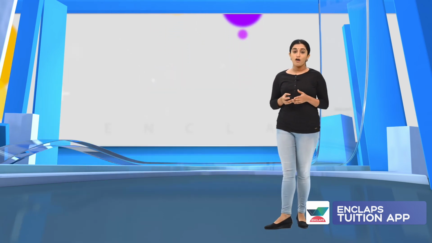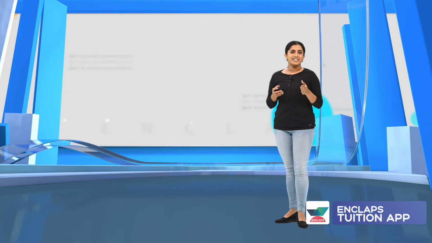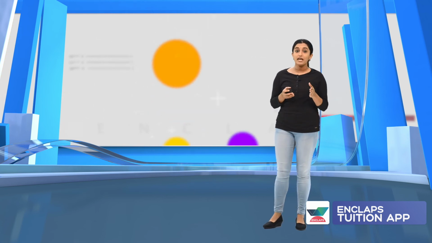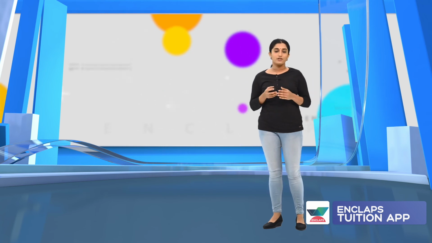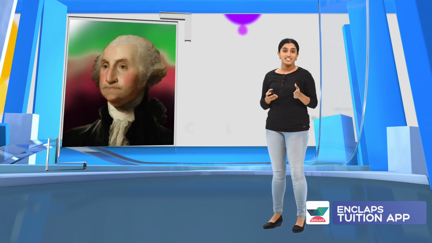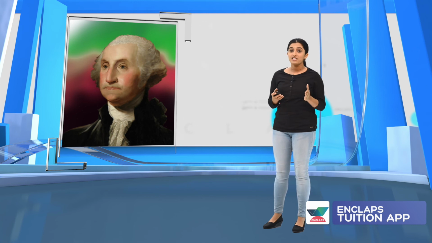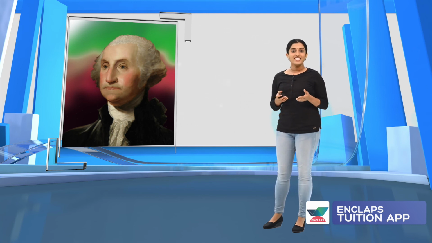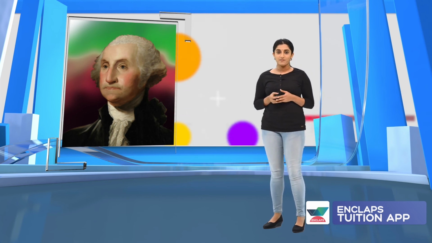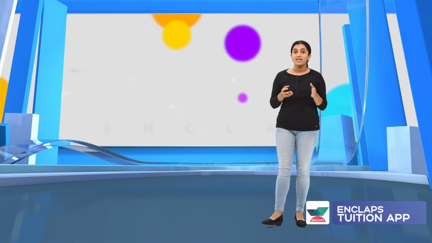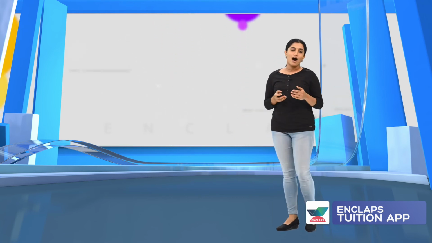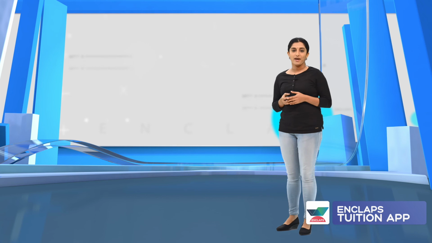Under the leadership of James Madison, the Constitutional Convention held at Philadelphia framed the American Constitution. George Washington became the first president of the United States of America. This was the beginning of the great journey of the United States of America.